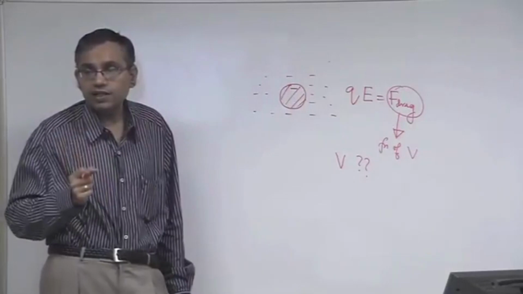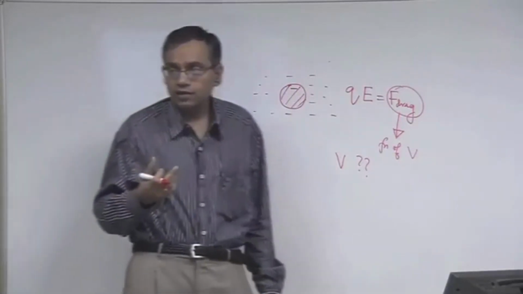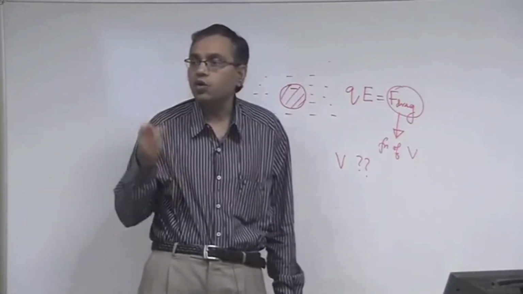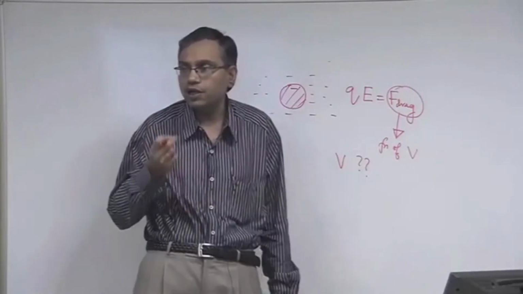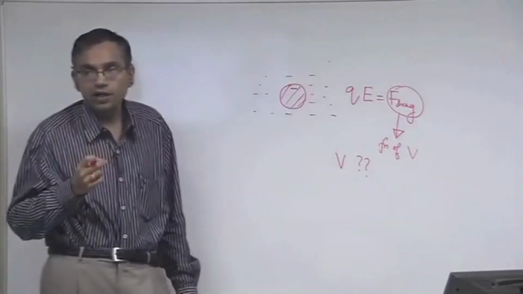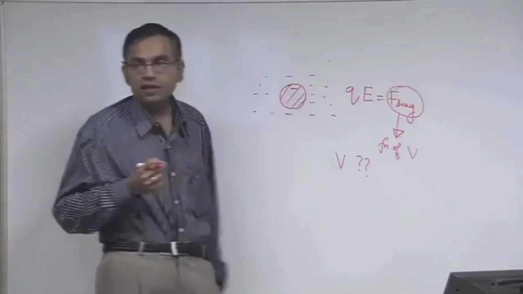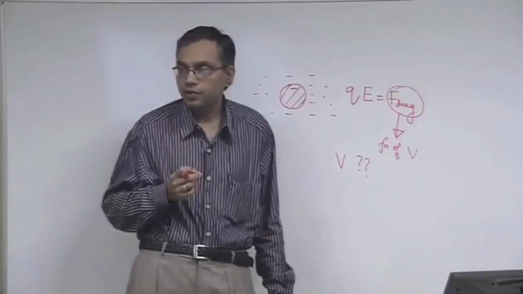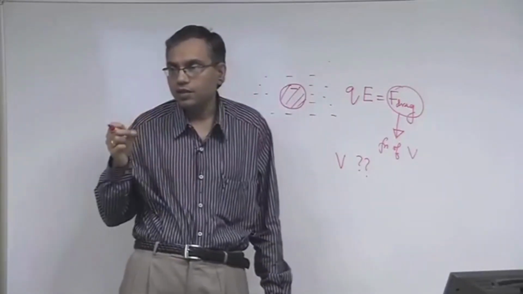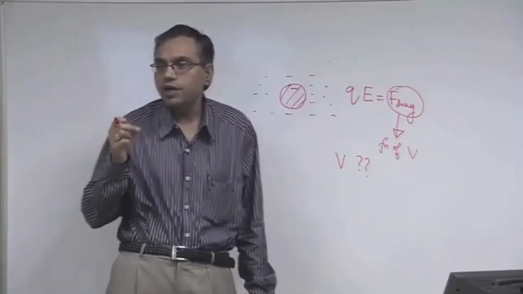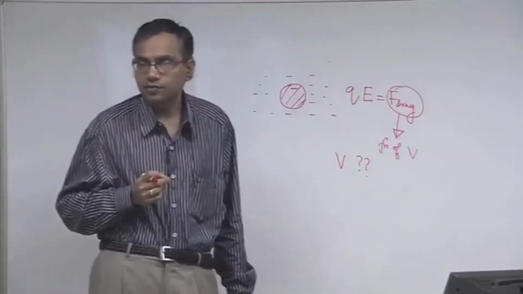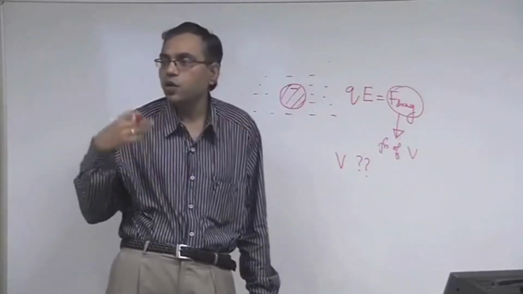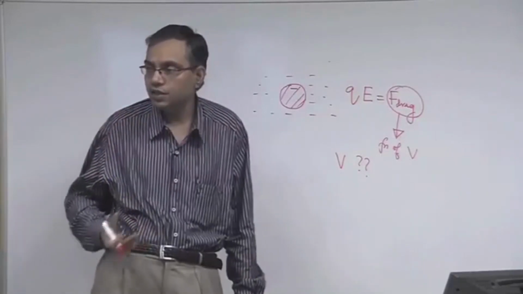Now the question is, how is it moving? We are typically considering low Reynolds number hydrodynamics, so the Reynolds number based on the diameter of the sphere is pretty low, typically much less than 1, so that viscous forces are dominant as compared to the inertial effects.